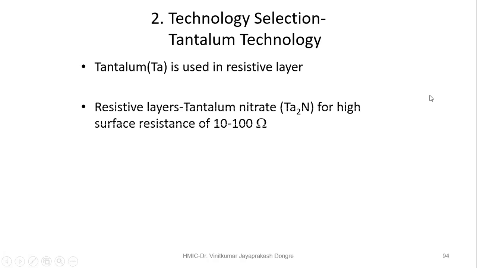Now we will go for the titanium technology. Obviously, the material used will be titanium. Titanium is used as the resistive layer. Titanium nitride is also used for high surface resistance of 10 to 100 ohm, if you require it.